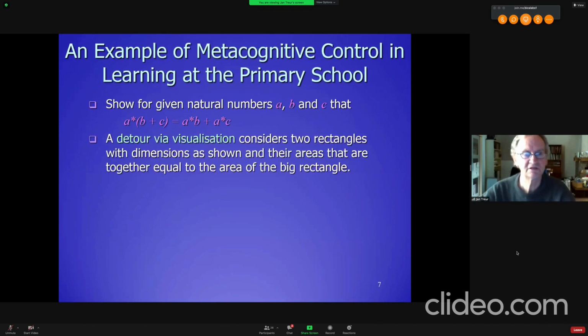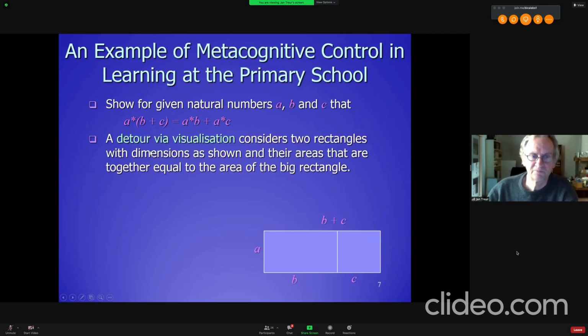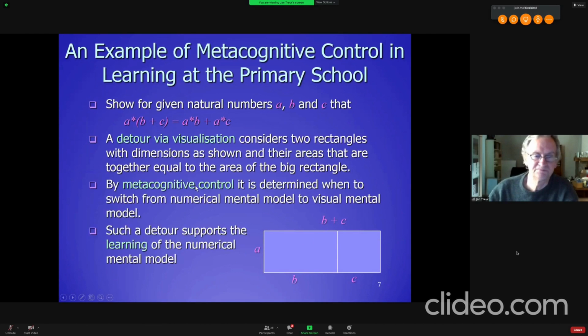So in this case, typically some detour via visualization can be used. You can consider two rectangles with the dimensions A and B and C. And then together they make up the area of the big rectangle. So these rectangles together are the same area as the big rectangle.